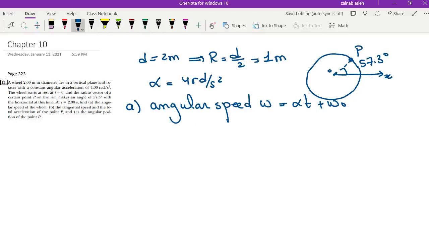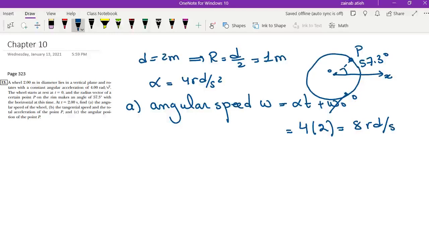Omega 0 is 0 simply because the wheel started from rest. And now I can calculate omega, which is 4 multiplied by 2, I will get 8 radians per second. Remember that all the points of the wheel have the same angular speed.